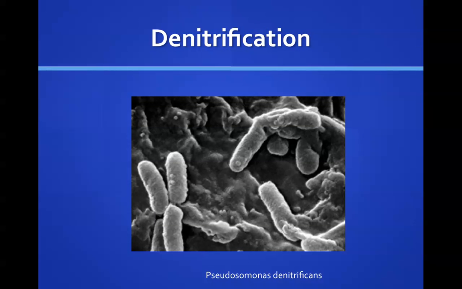Denitrification is the opposite. So useful nitrates are becoming nitrogen gas. One of the biggest ones you need to know is Pseudomonas denitrificans. Denitrificans is easy to remember. Pseudomonas, the other one was Nitro, so remember that this is like the fake one. Pseudo, fake. Get it?